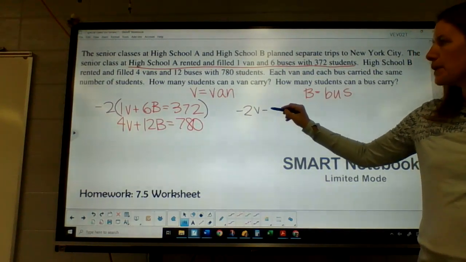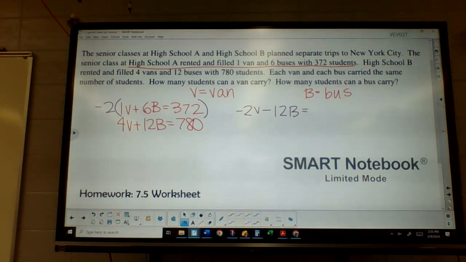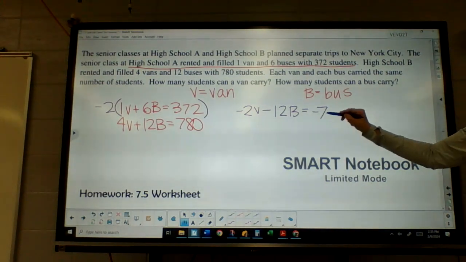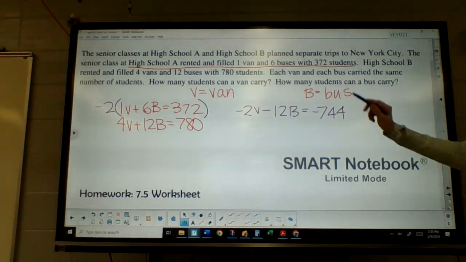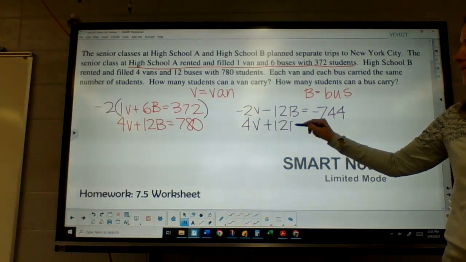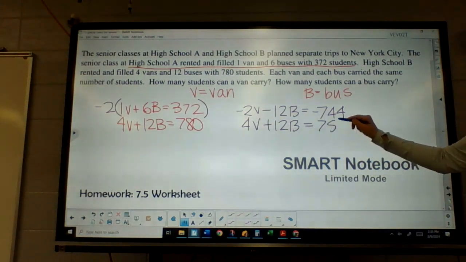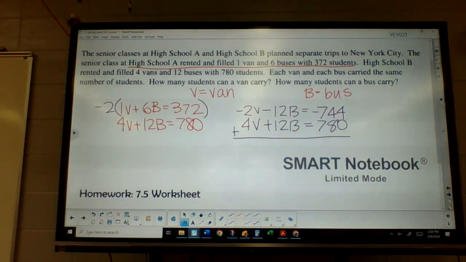So negative 2V minus 12B equals, help me out, negative 744. Okay, and underneath that, now we should be able to add these together and be able to solve our van and bus dilemma here.